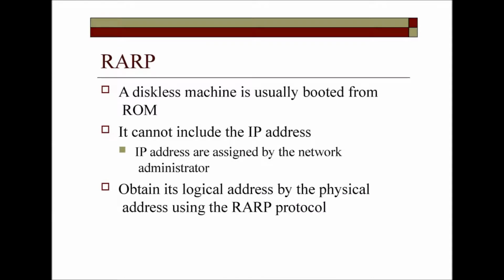RARP: a diskless machine is usually booted from ROM. Second point, it cannot include the IP address. IP addresses are assigned by the network administrator. The last point, it obtains its logical address from the physical address using the reverse ARP protocol.